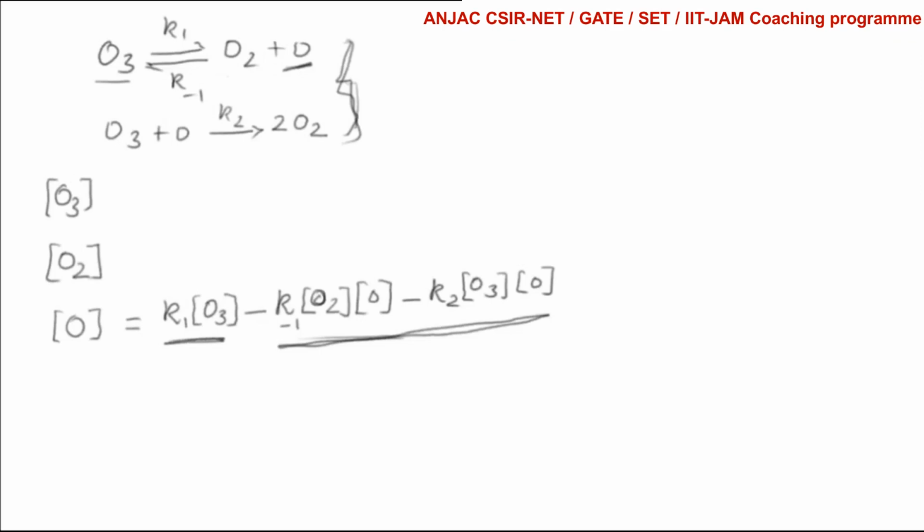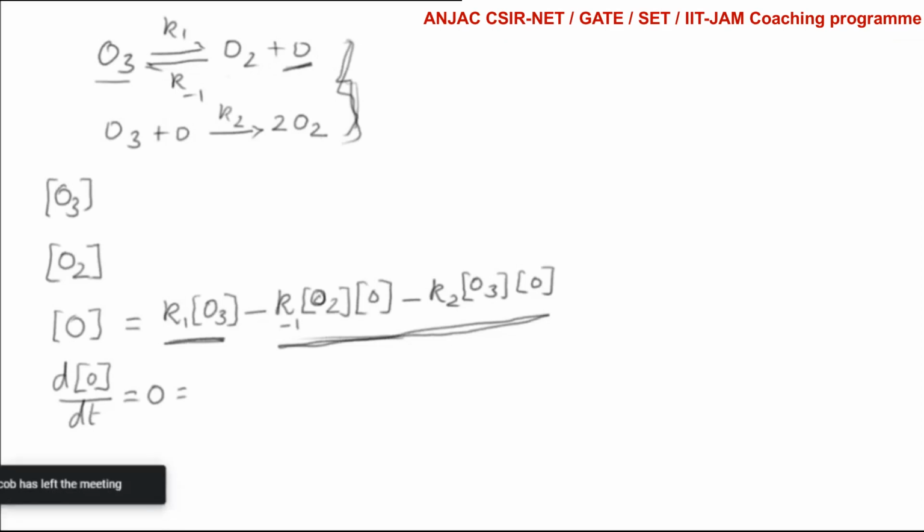Since it is remaining constant, when you differentiate a constant concentration with respect to time, it becomes zero. A constant differentiated will give you zero. Therefore, here we have applied the steady state approximation to determine the concentration of O.